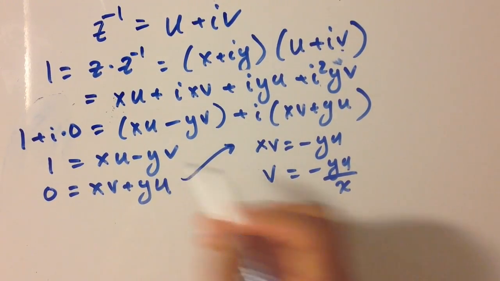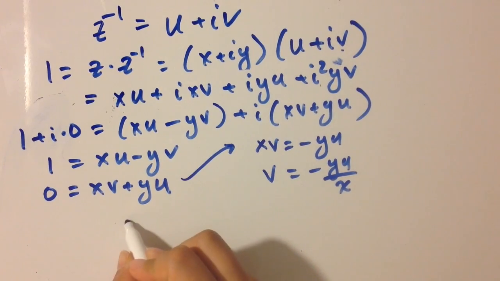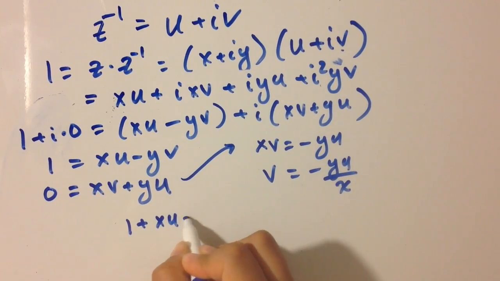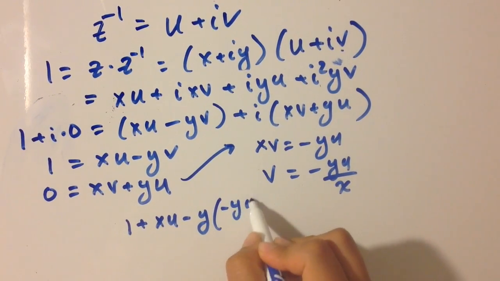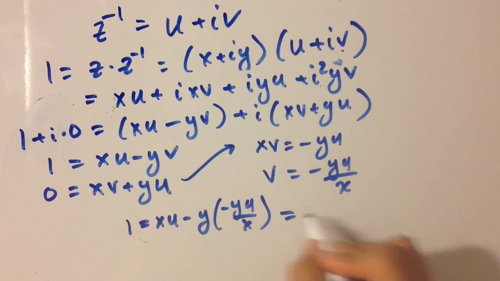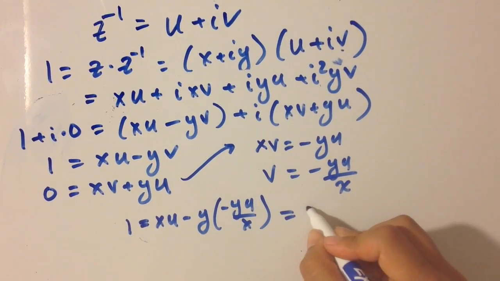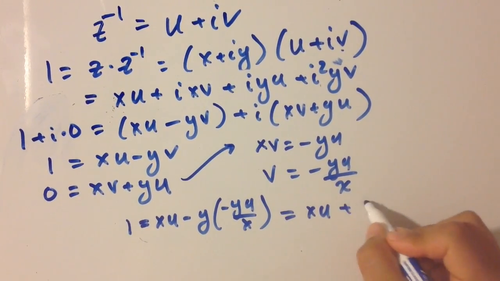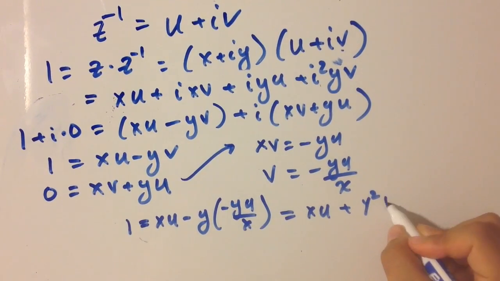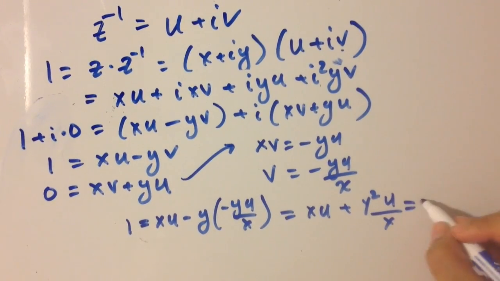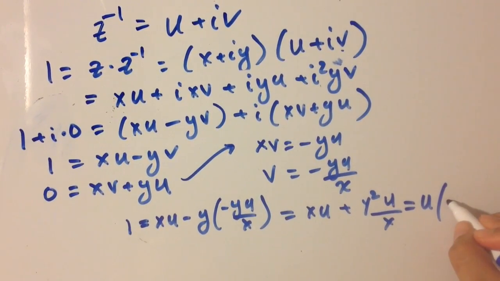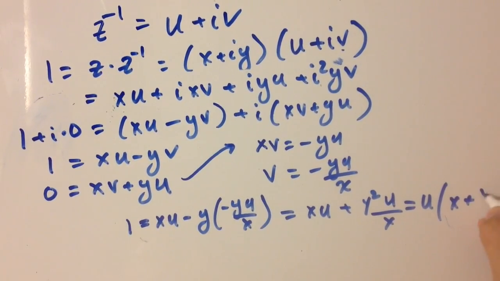Then plugging v into the other equation, I get 1 is equal to xu minus y times (minus yu over x), which is xu plus y squared u over x. Pulling out u, we get u multiplied by (x plus y squared over x).